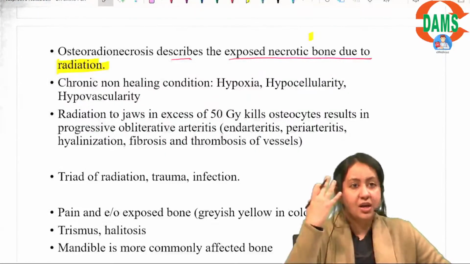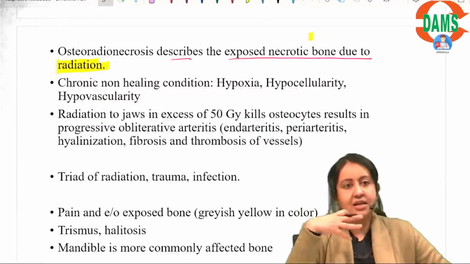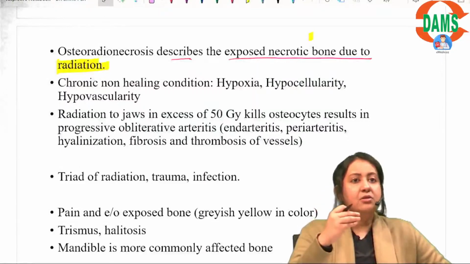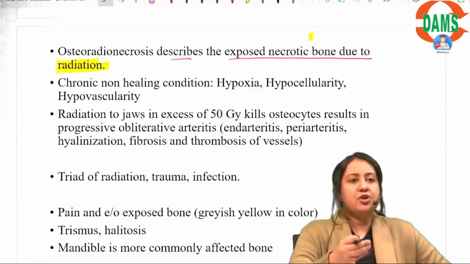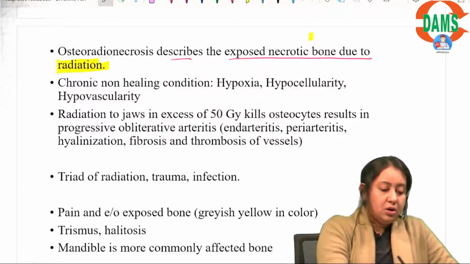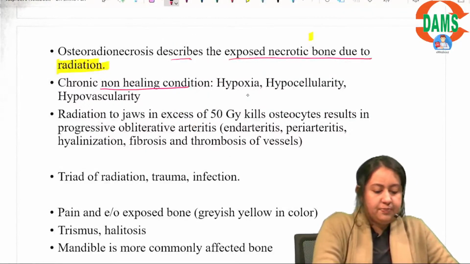If the head and neck region has been irradiated, or if the patient has received head and neck radiotherapy, then the patient is more predisposed to developing osteoradionecrosis of the mandible. Now the next point is important. It is a non-healing condition.